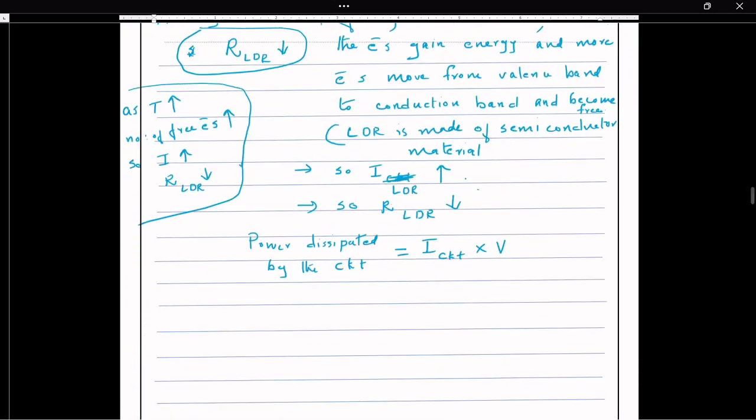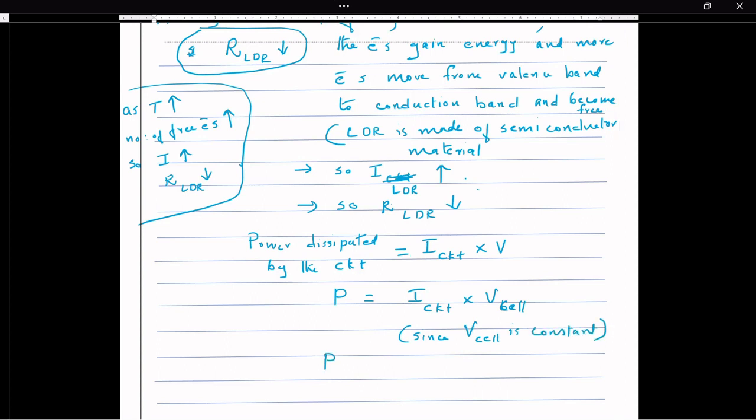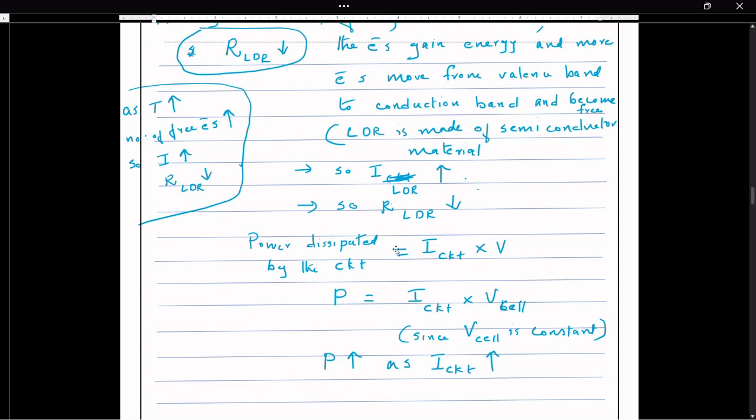So using that idea, the power dissipated by the circuit, I'm writing P equals I of the circuit times the voltage. Voltage here is the cell voltage. Since V of the cell is constant, it is not changing, power increases as I circuit increases. So this is what they want.